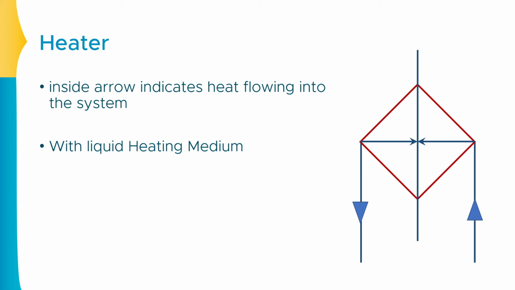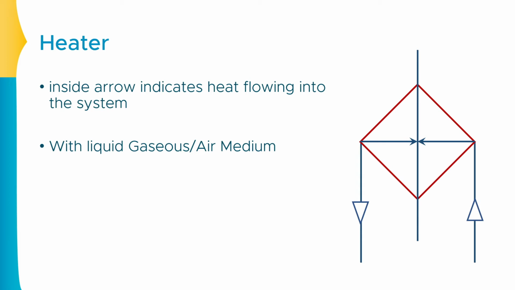The second medium that we normally use is the air medium or the gaseous medium, and as this is air or gaseous medium, you have to keep the arrow closed, but it is not a blocked arrow. This is just an empty arrow. Clear? So if you want to show the air or gaseous medium for heating purpose, in that case you need to show the empty arrow. This is how the cooler and heater actually look.